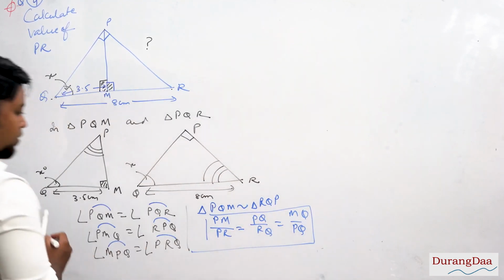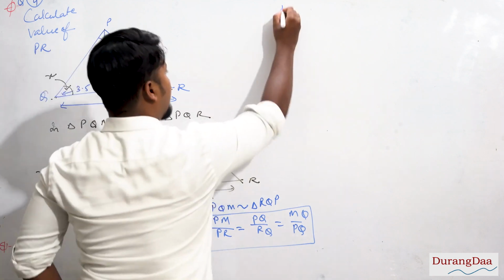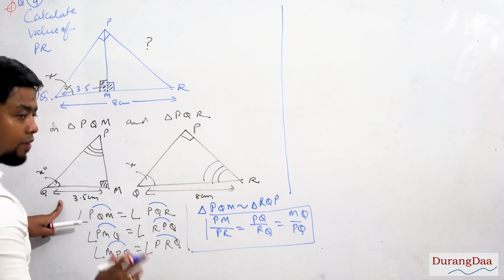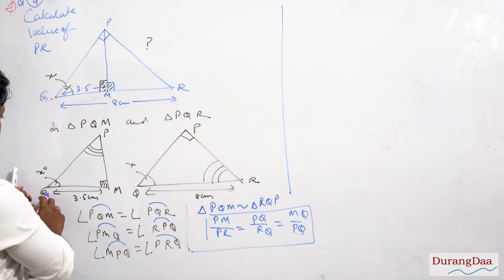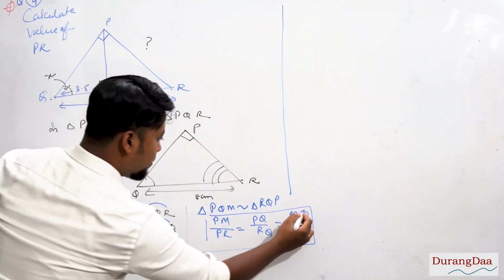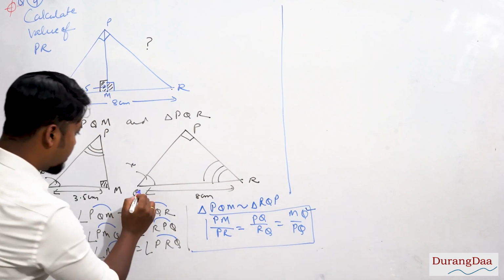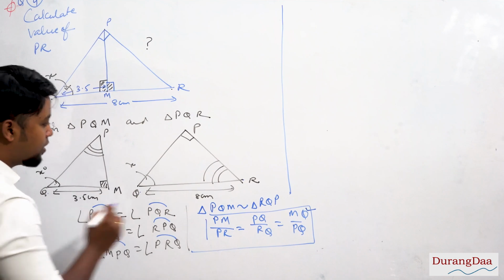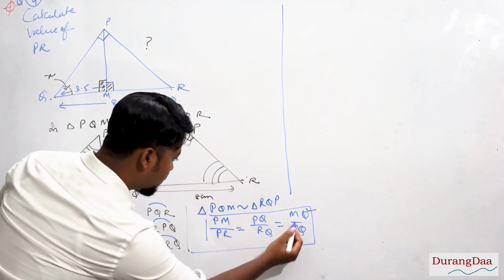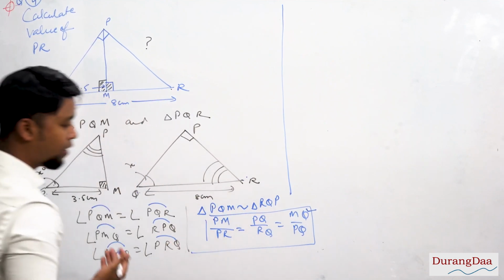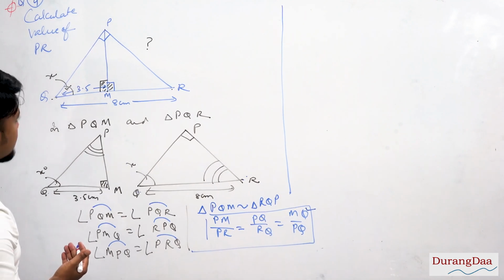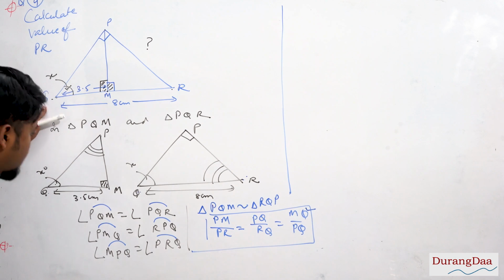Now let me write it here once more, but first we have to substitute the values. Look carefully, QM is here, and QR, the values which are given, I am just marking for my convenience. Where is QR? QR we still don't have. QR is given, right?